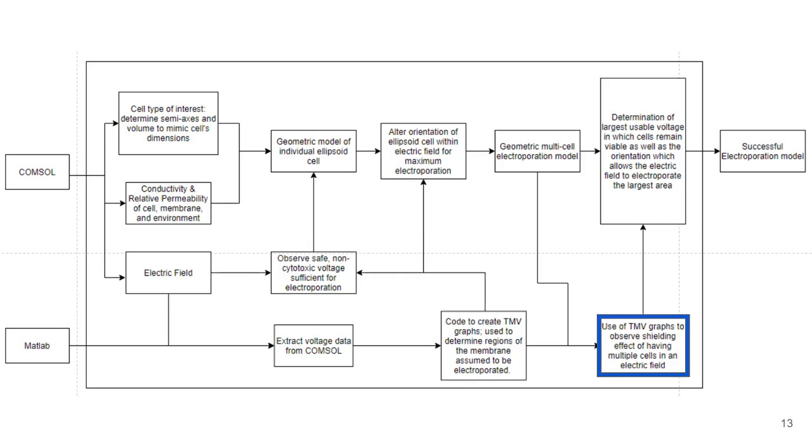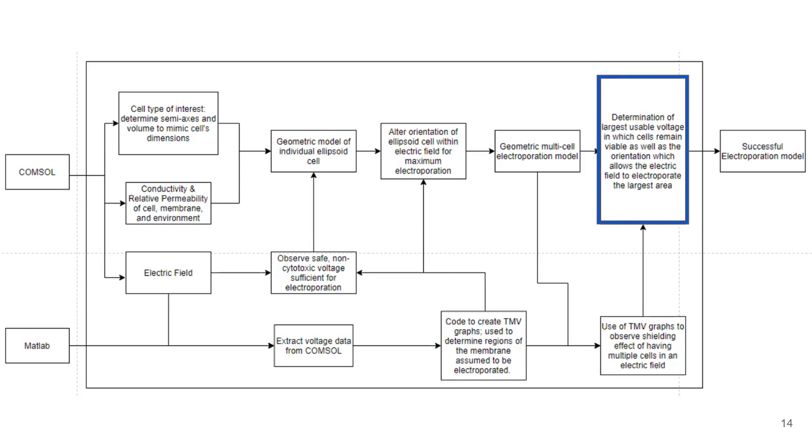Once we have data from a multi-cell model, we are able to once again extract it to MATLAB, and using the transmembrane voltage graph, we determine areas of electroporation and generate a secondary graph which will demonstrate the shielding effect of cells within an electric field and how it impedes electroporation as a whole.